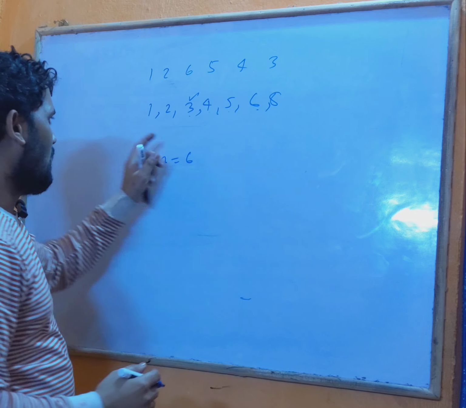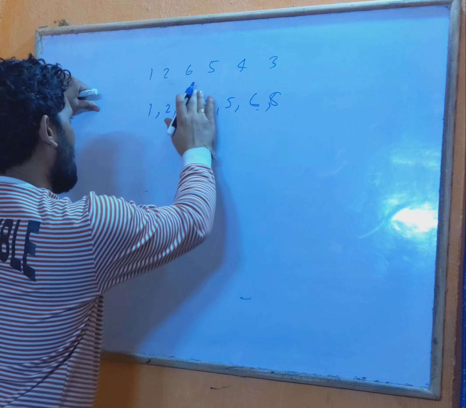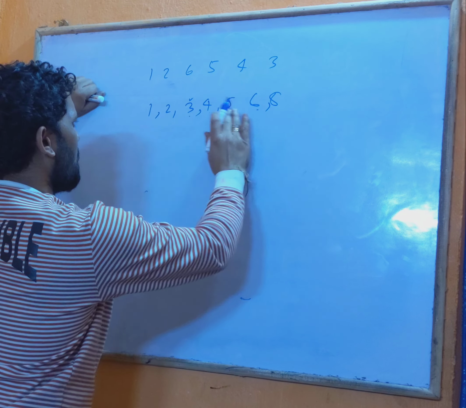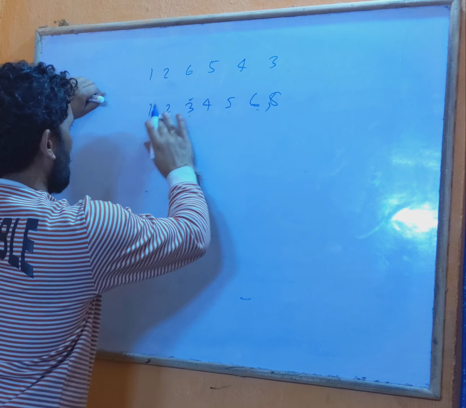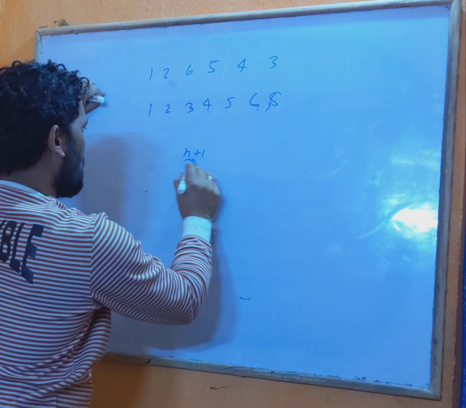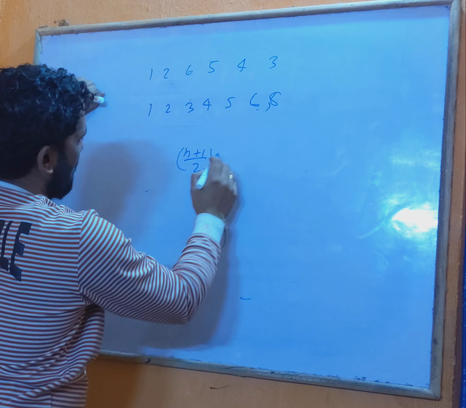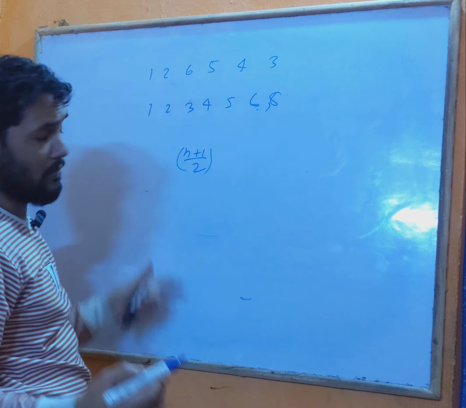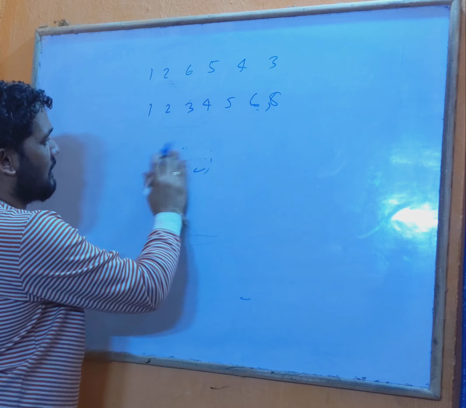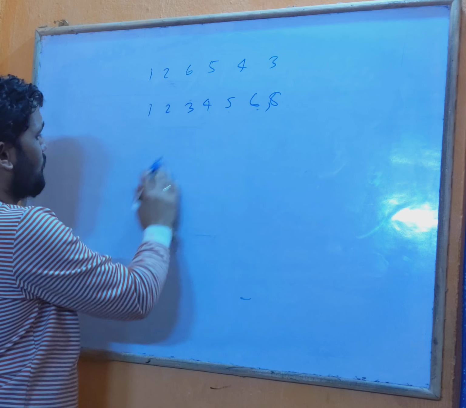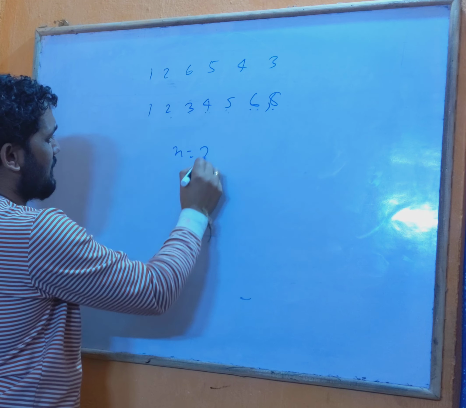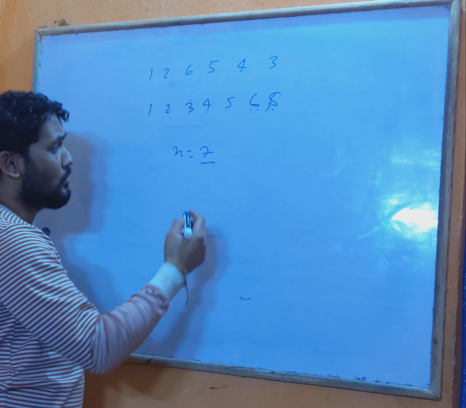Suppose n is odd, then what is your median? For an odd number of observations we have the formula: the n plus 1 by 2th observation is your median. For example, 1, 2, 3, 4, 5, 6, 7: n is equal to 7, which is an odd number.